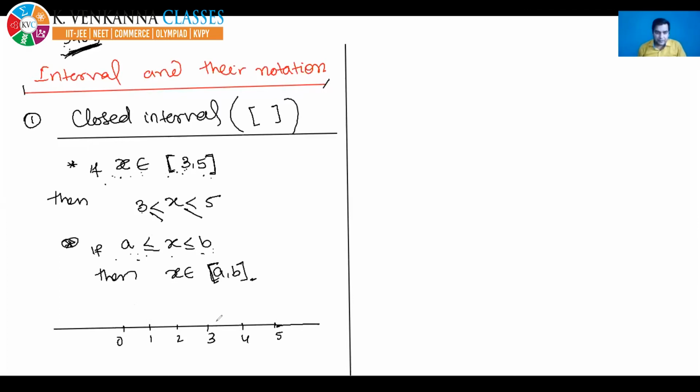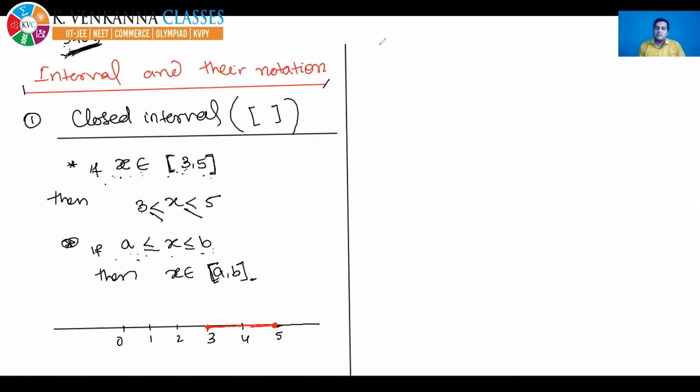So see, the value of x can be this, between 3 and 5. The value of x can be 3. So if the value of x can be 3, then here I will mark a solid circle. The value of x can also be 5. So here also I will mark a solid circle. So this red colored portion represents the values of x.